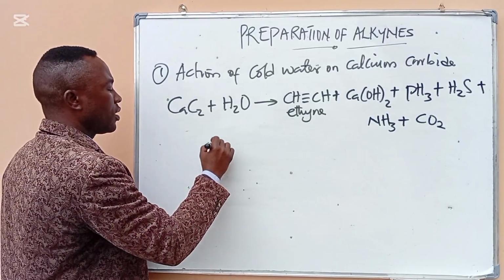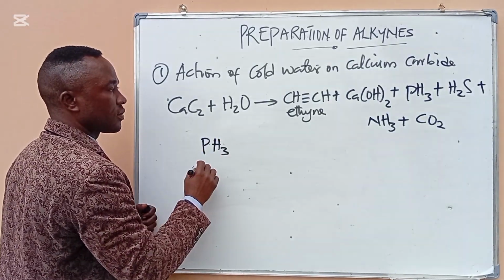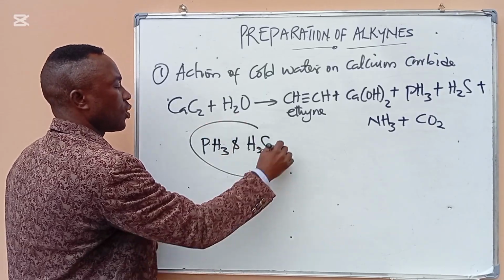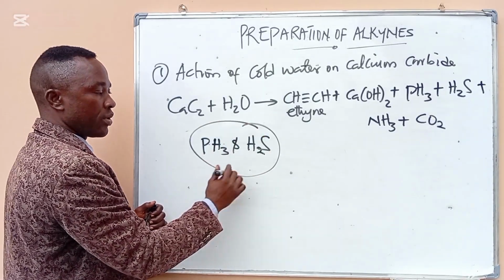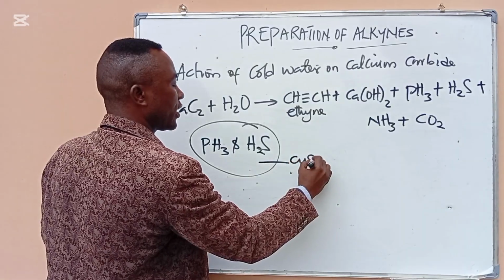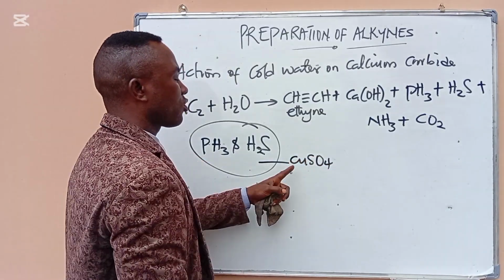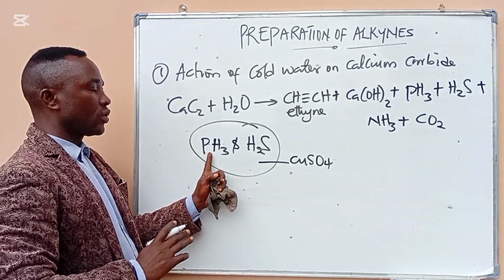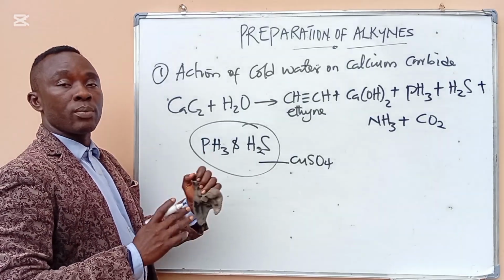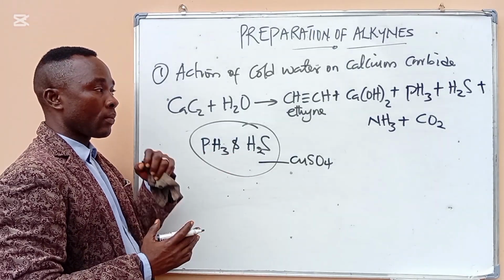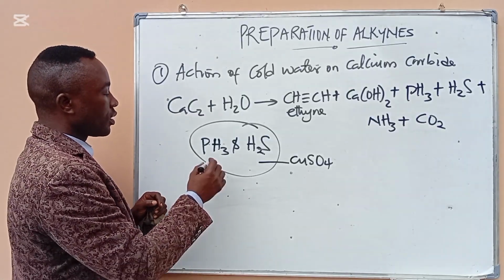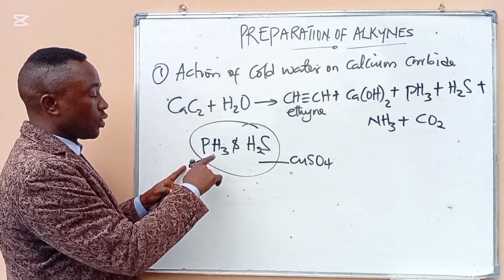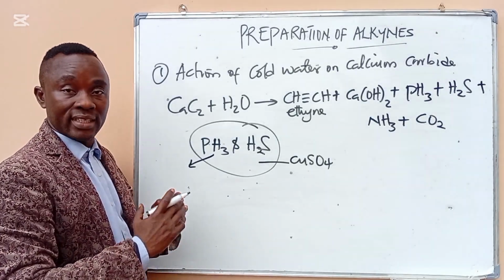If you have phosphine impurity and hydrogen sulfide impurity, we can remove these two impurities using CuSO4, that is copper 2 tetraoxosulfate 6. Then the phosphine can also be removed by oxidation.